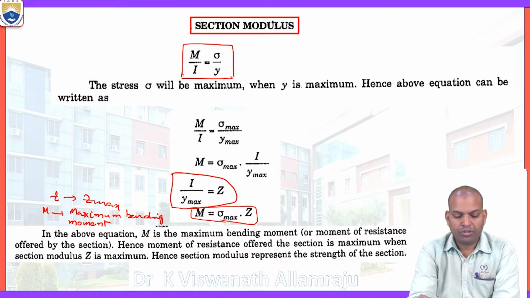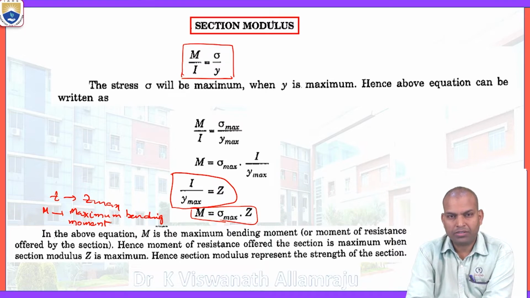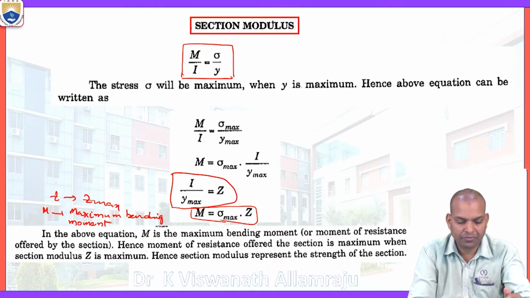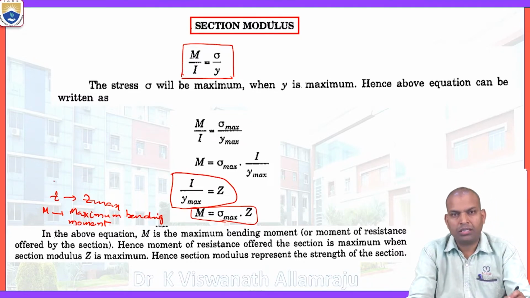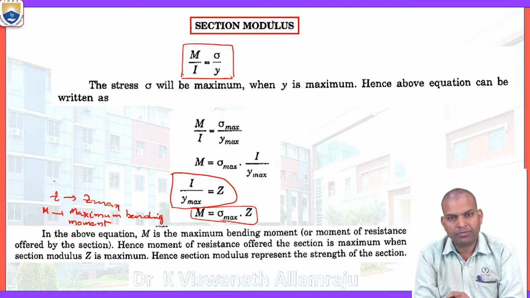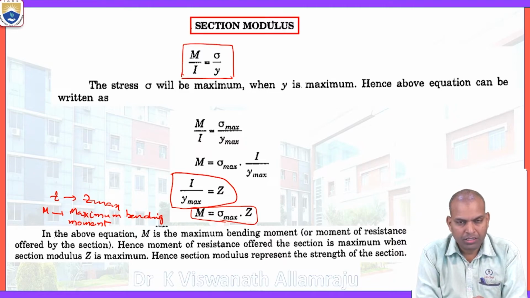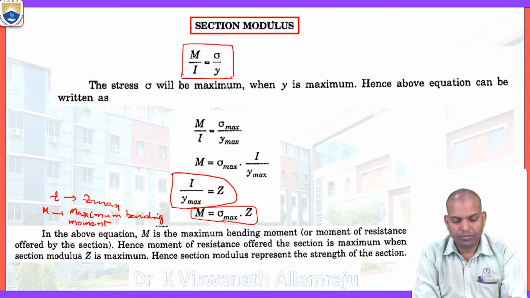Now very important is the significance of section modulus: it represents the strength of a beam or the strength of the section. How does it represent the strength of the section? In this equation, M equal to sigma maximum times Z, M is the maximum bending moment.